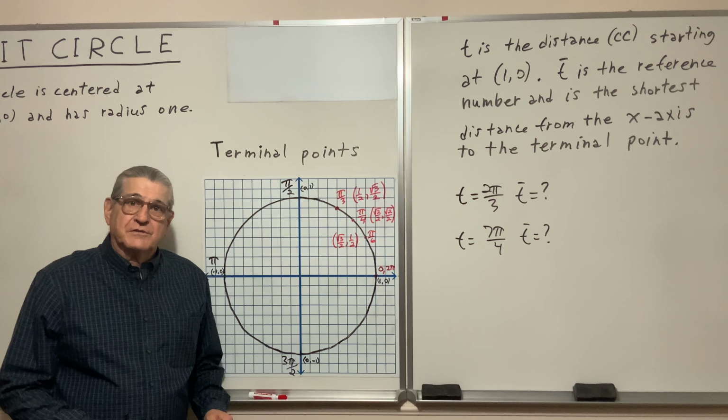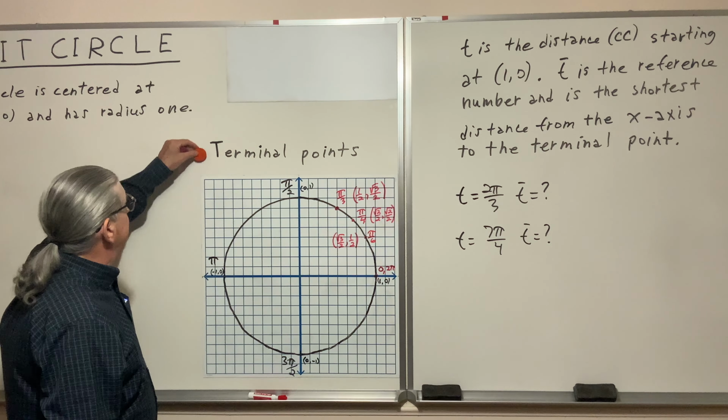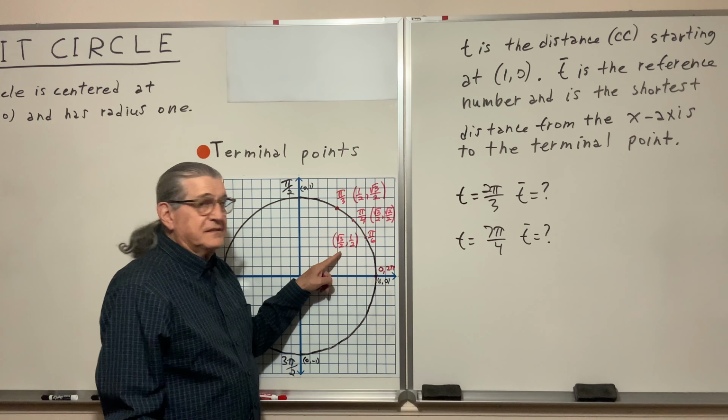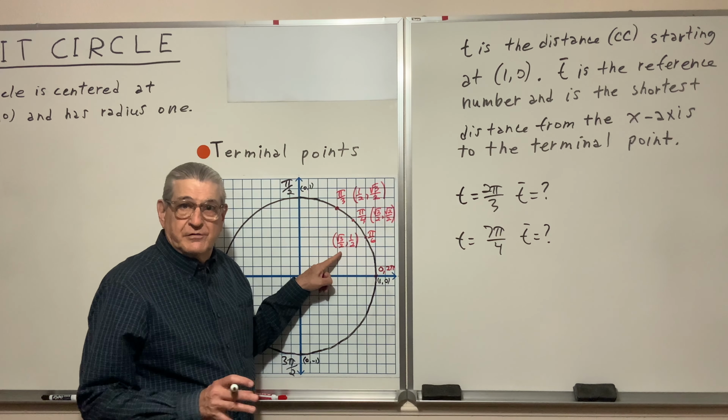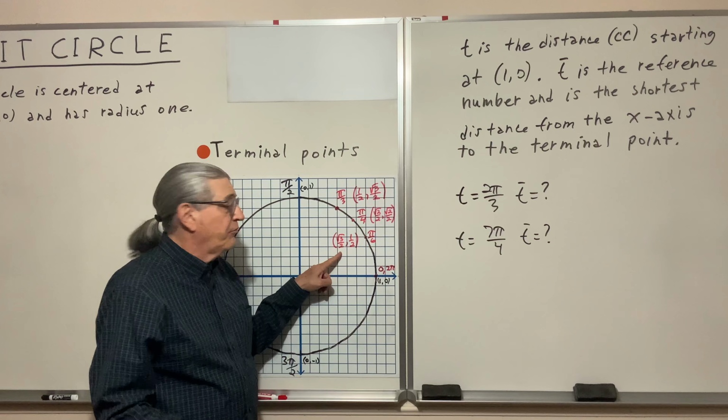All right, so we're talking about terminal points, and some of the important terminal points are ones like pi over 6, pi over 4, and pi over 3 between 0 and pi over 2. Now remember, for a terminal point, we start at (1, 0) on the x-axis and just move counterclockwise. When we get to pi over 6, this is actually the point with square root of 3 over 2 for x and 1/2 for y.